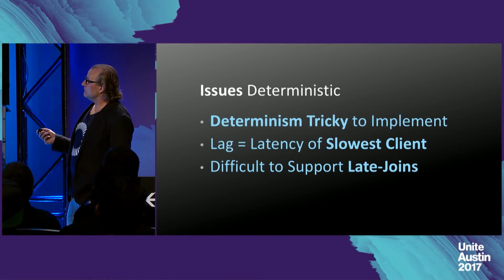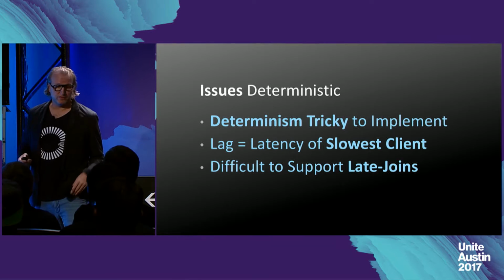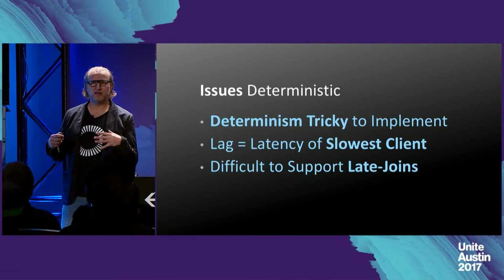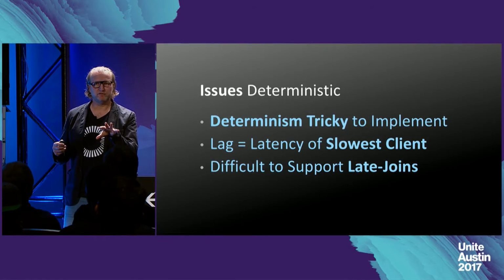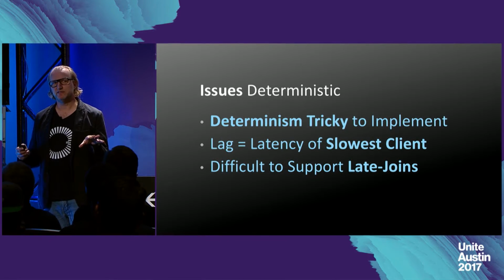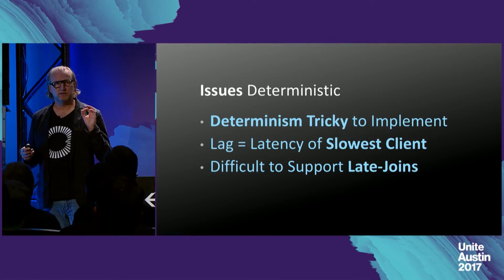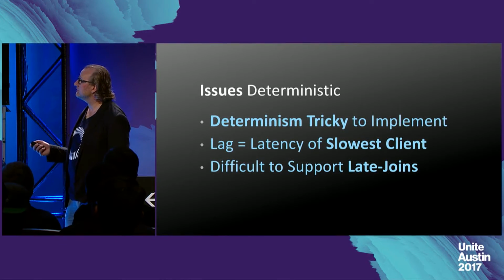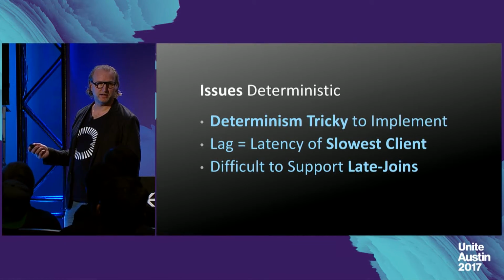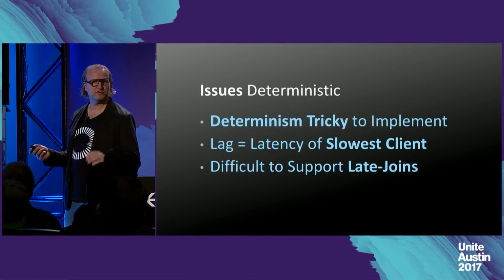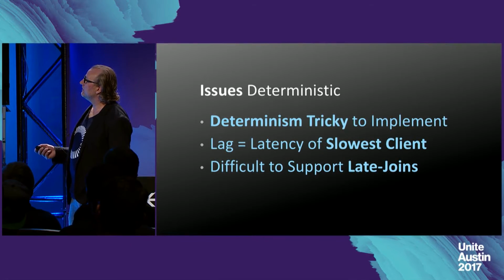There are solutions for this. The server can jump in and say, okay, you haven't responded for 500 milliseconds, so I'm now acting on your behalf. This is what our server is doing: punishing slow clients by injecting input for them, and they are punished.